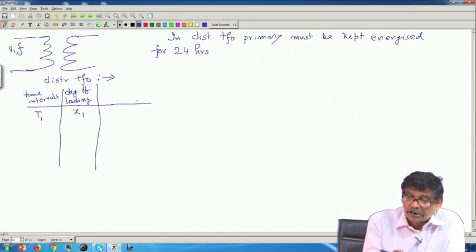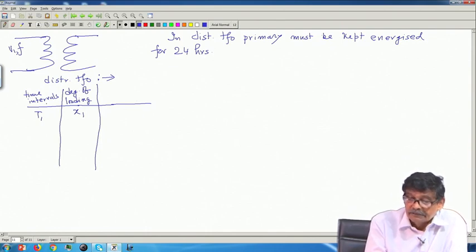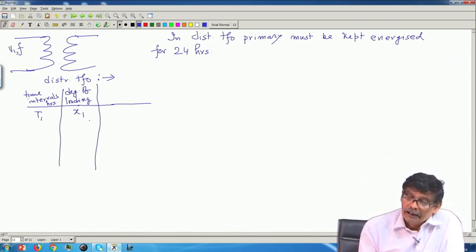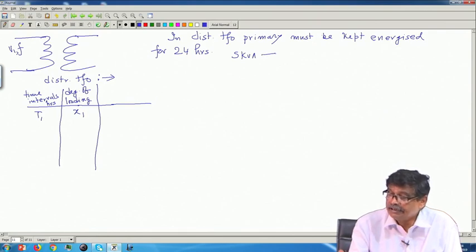So, the first T1 hours interval, T1 in hours, x1 is the degree of loading, and S kVA is the rated kVA.